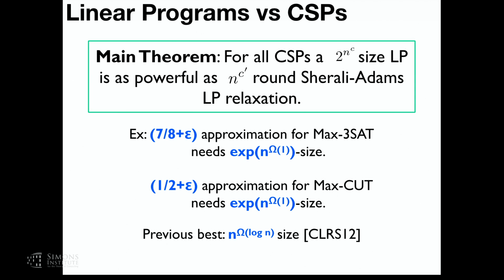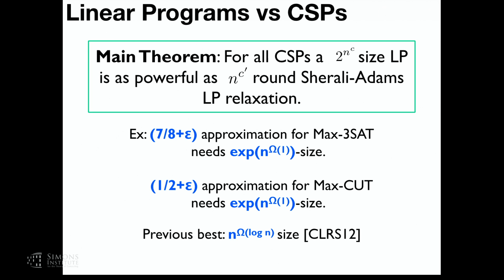Are as powerful as Sherali-Adams relaxations of roughly the same size. So if you start with size 2 to the s, you end up with something like s rounds or poly(s) rounds of Sherali-Adams. And once you have this, using known lower bounds for Sherali-Adams, you get the results that I stated before.